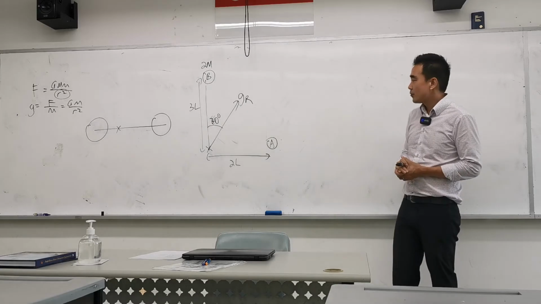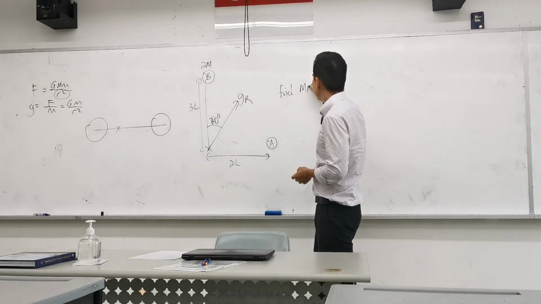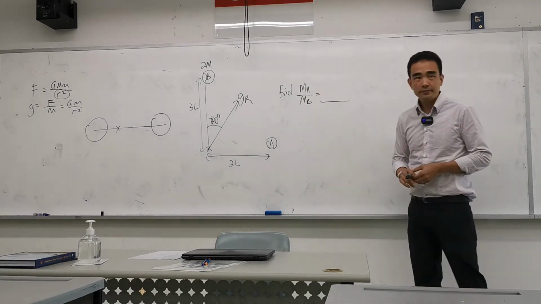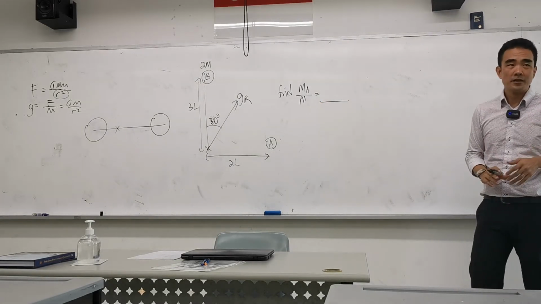So what I want you to do is to find the mass of A in terms of m. What's the number over there?